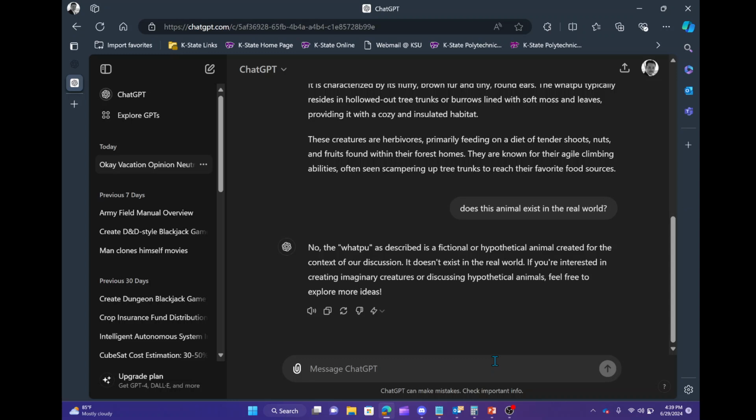But you have to always make sure that you're grounding it in reality, and that you're being logical and scientific, if that's the intent. And so, if you're using a large language model to be creative, that's fine too. You just have to be careful.